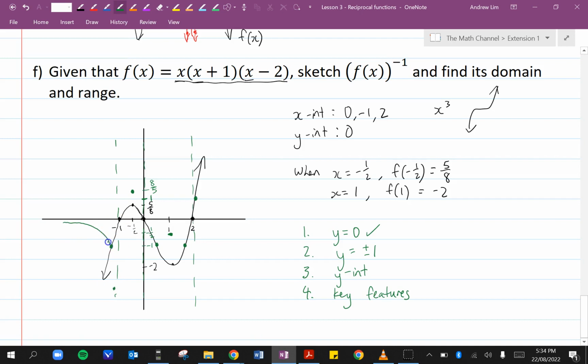So let's graph that. 1 divided by something really small is really big, and in a negative direction, really big. And that is what it looks like.